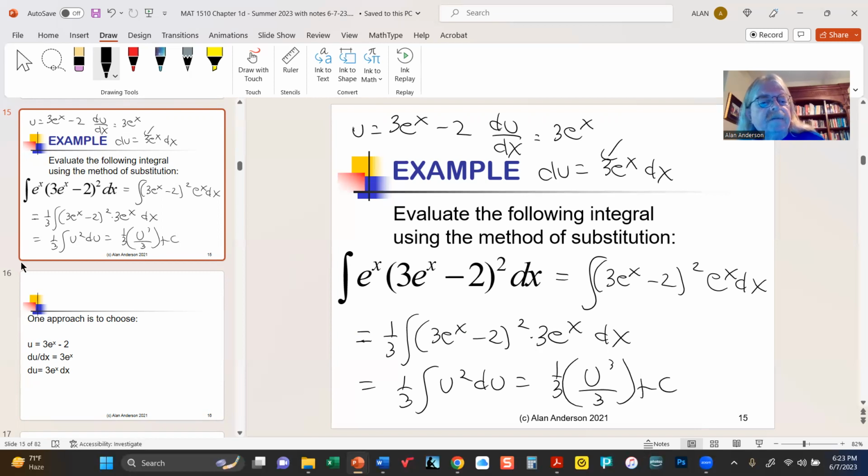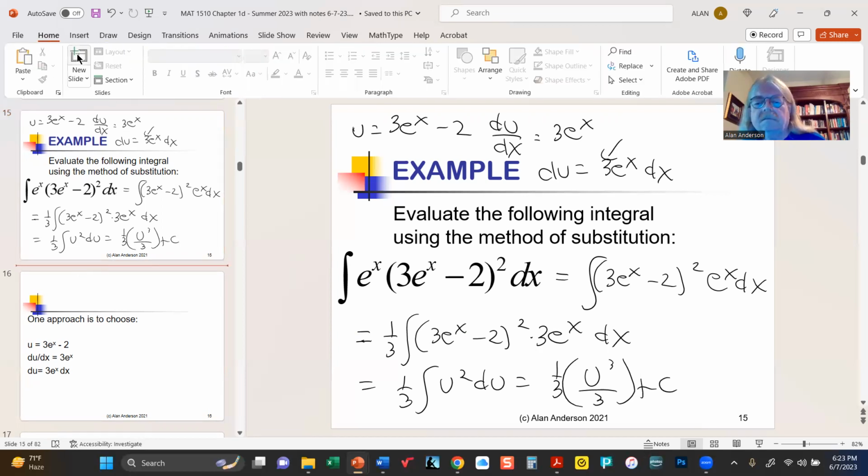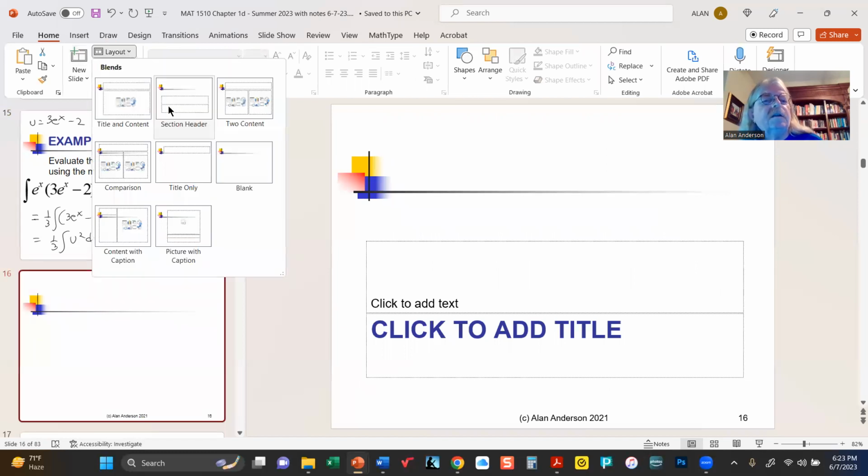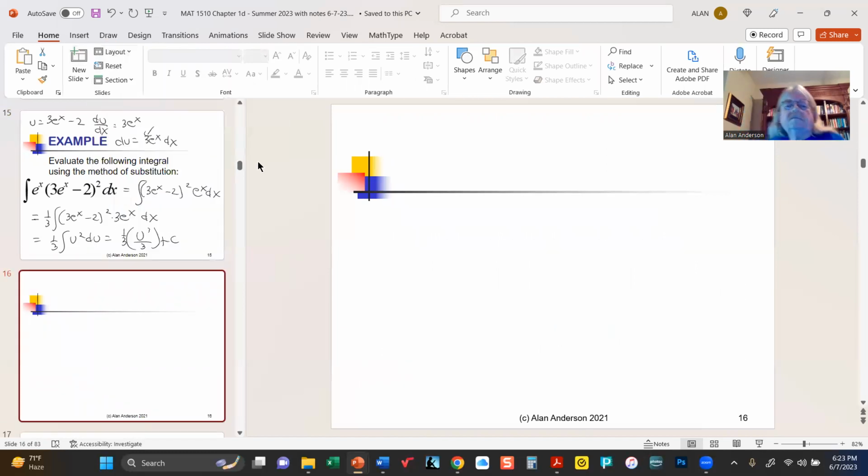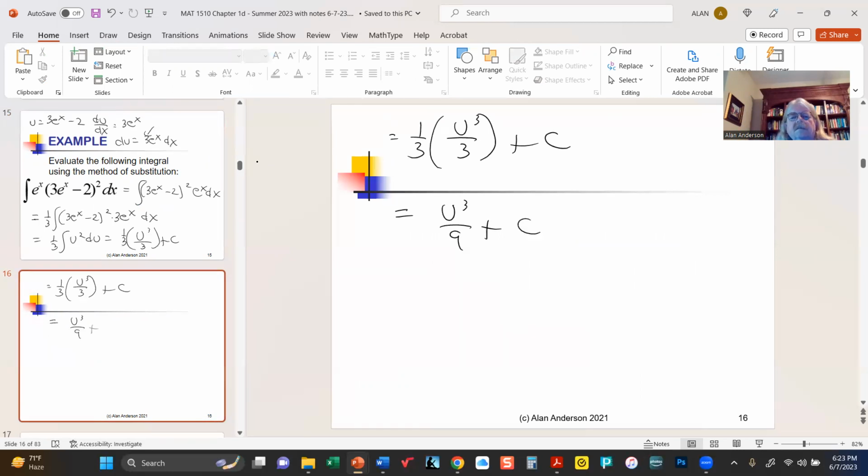And so let's move this to the next slide. And remember, u is equal to 3e to the x minus 2, cubed, and divided by 9.